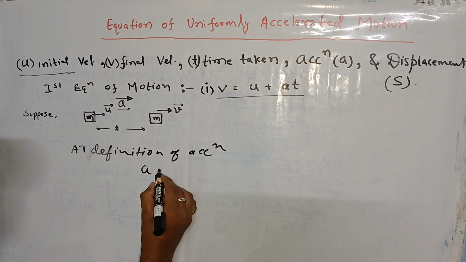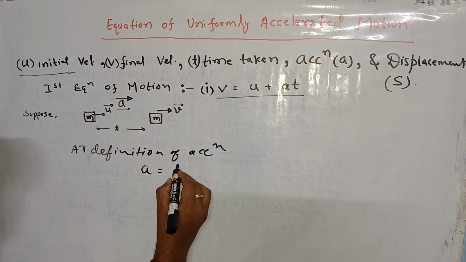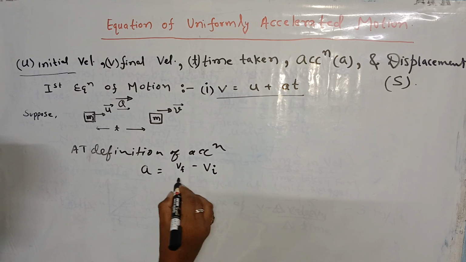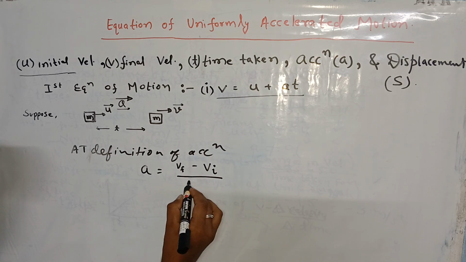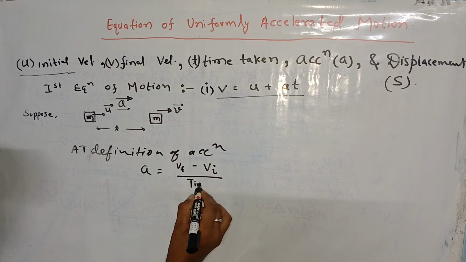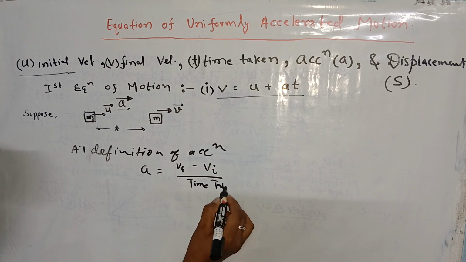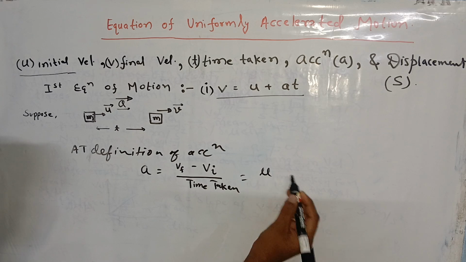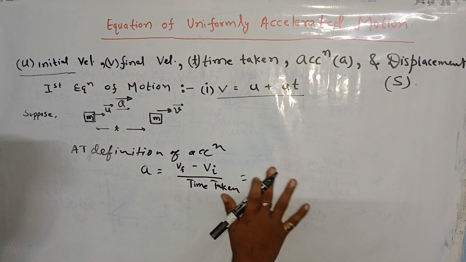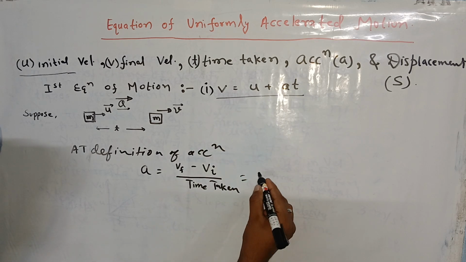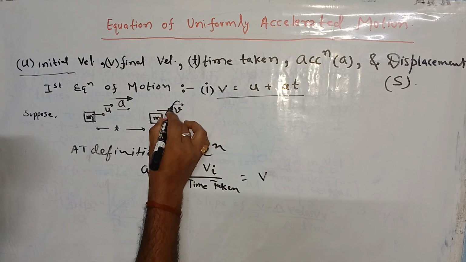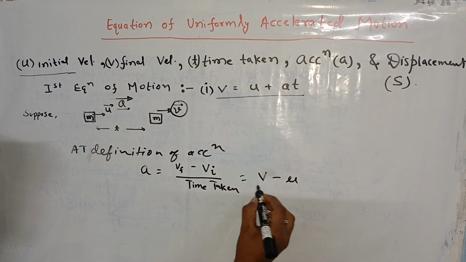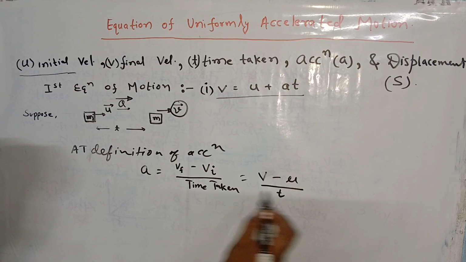Acceleration is final velocity minus initial velocity upon time taken. Here the initial velocity is u, the final velocity is v, because this is the final velocity, and the time taken is t.